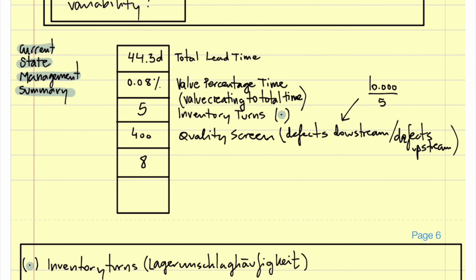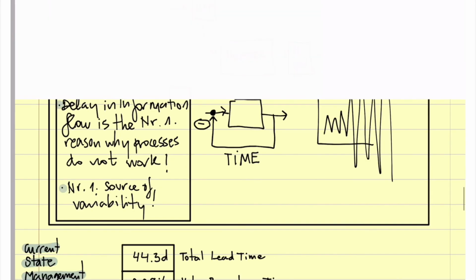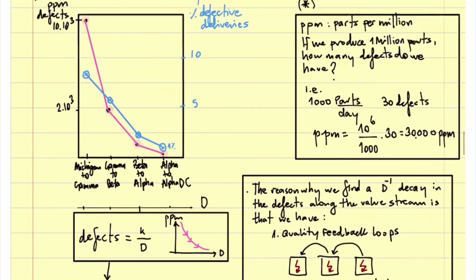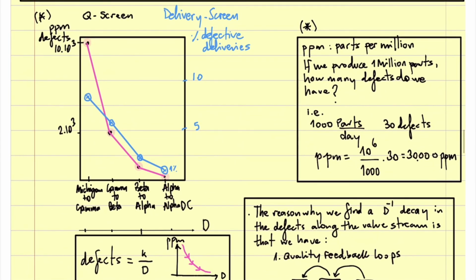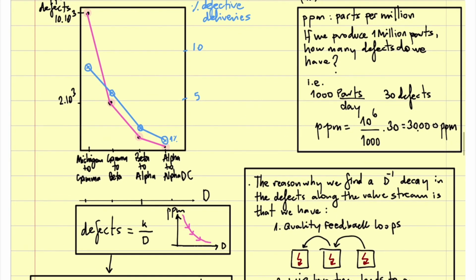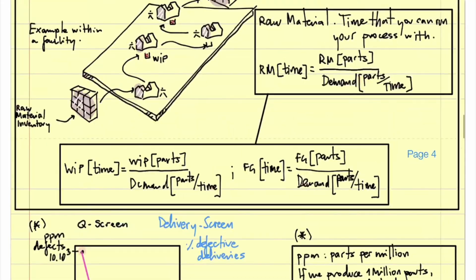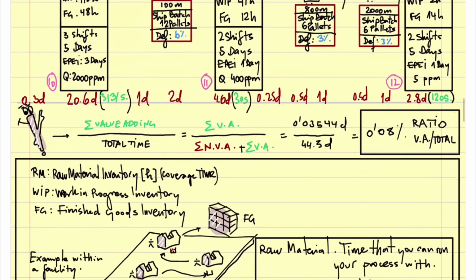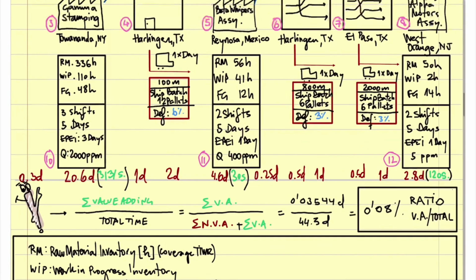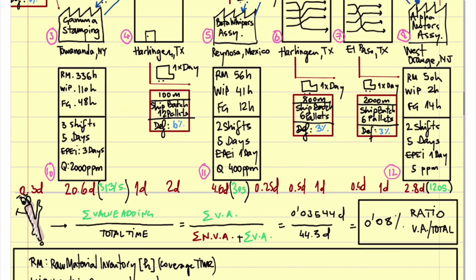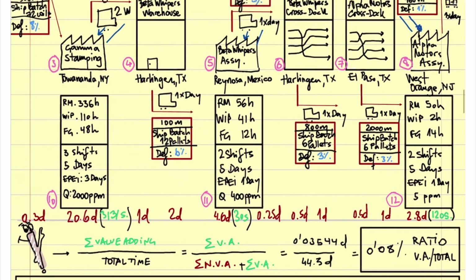10,000 divided by 5, or what was it? What's the level here? 10,000 divided by, how many ppm did we have in the end? 5, yeah. Is it only taking the pedal wipers? One second, please.